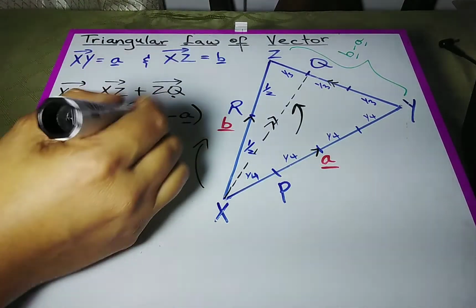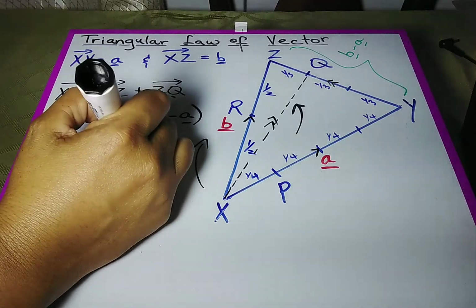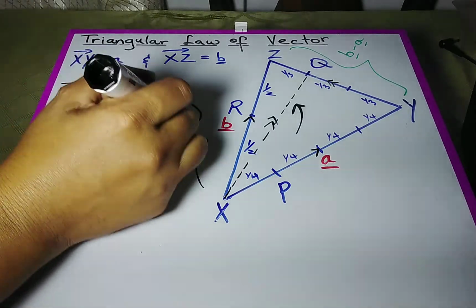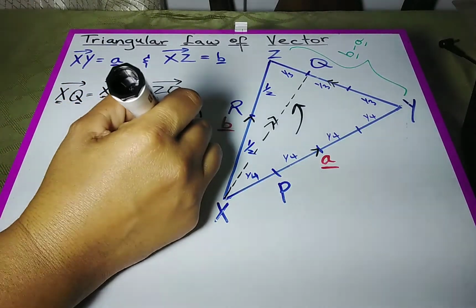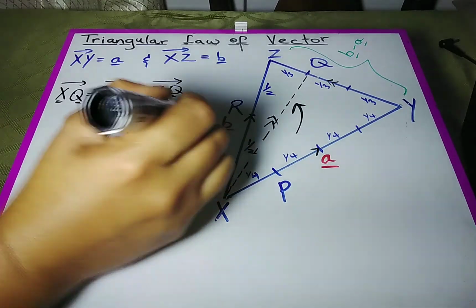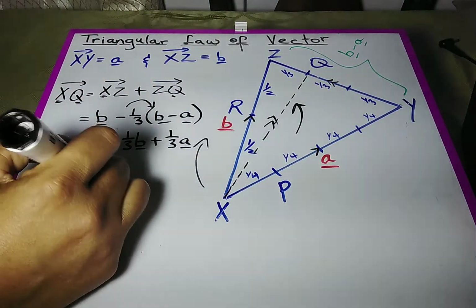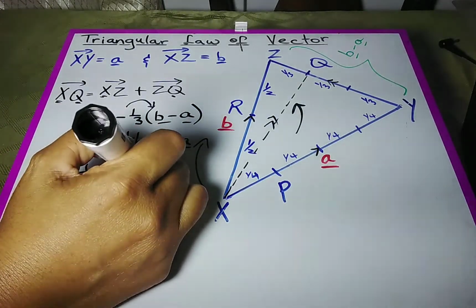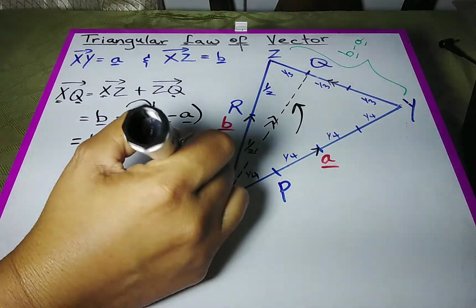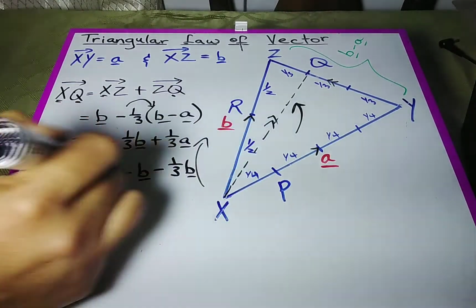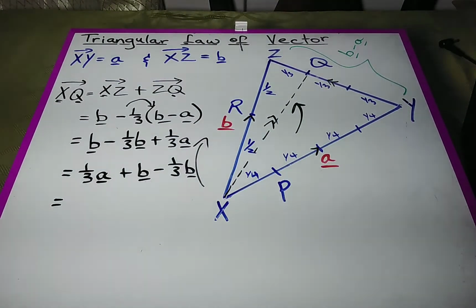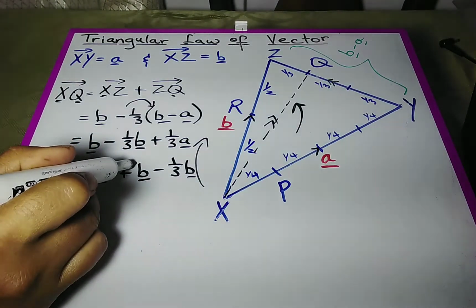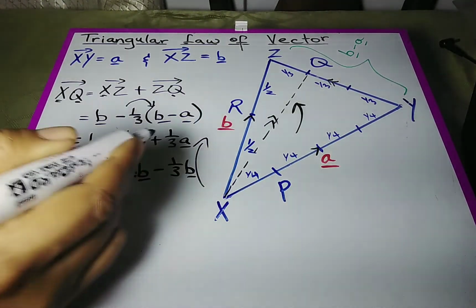Minus 1/3 times B gives us minus 1/3 B. Minus 1/3 times minus A is going to give you a positive 1/3 A. So I'm going to put the A in front since it's positive, 1/3 A. And what we're left with is plus B minus 1/3 B. And of course, I'm sure you know your fractions, 1/3 from a whole, because there is an implicit 1 in front of the B. So 1/3 from 1 gives you 2/3.